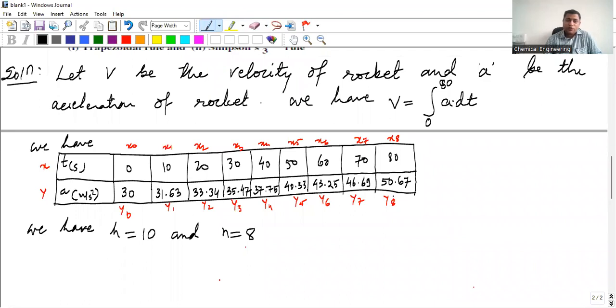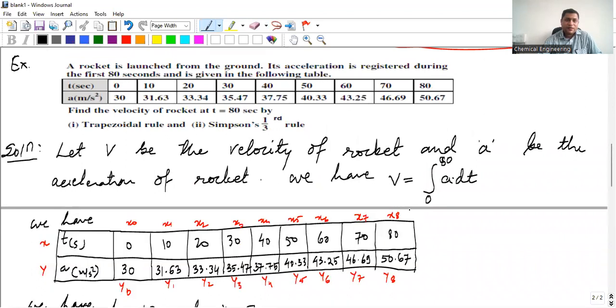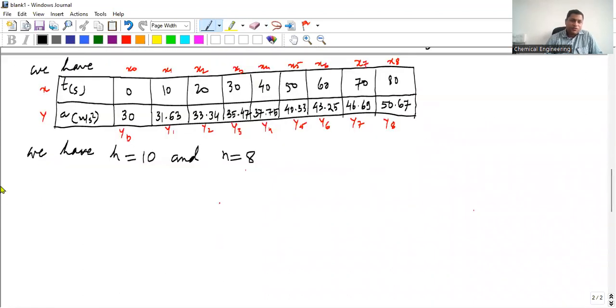Now we want to find the value of this velocity using the trapezoidal rule.